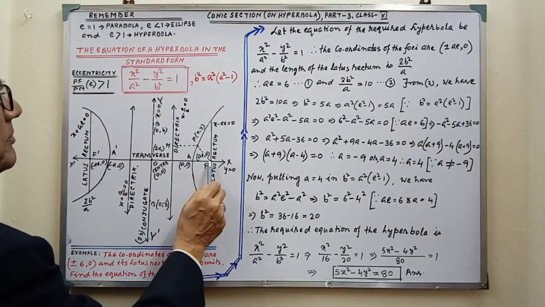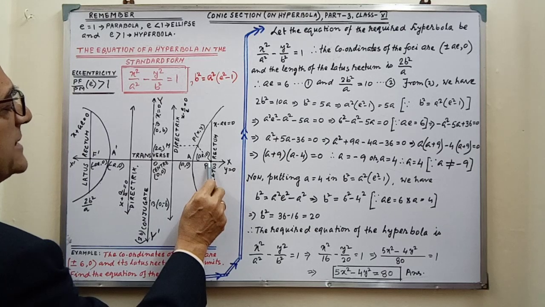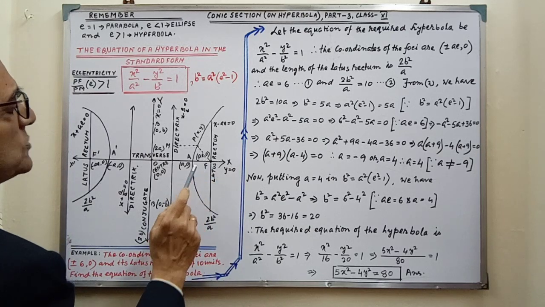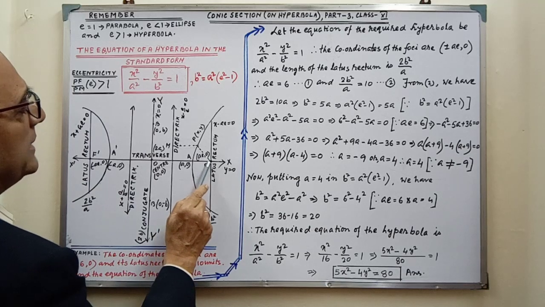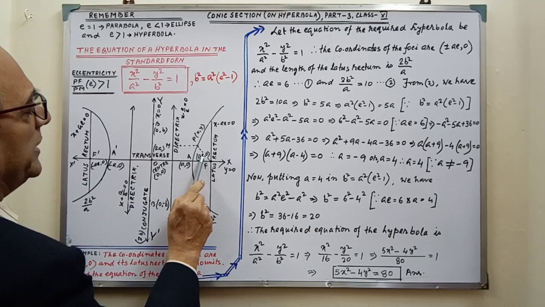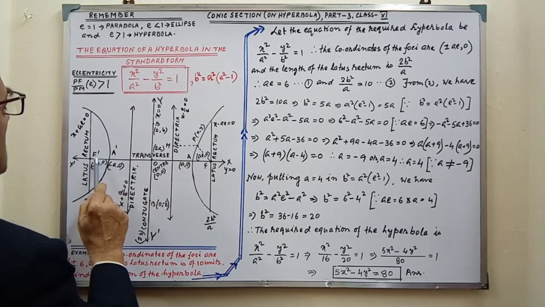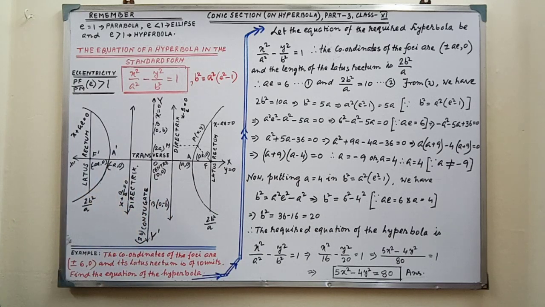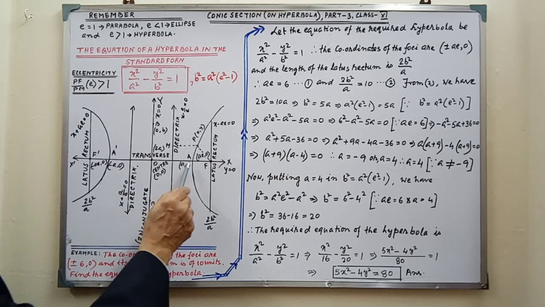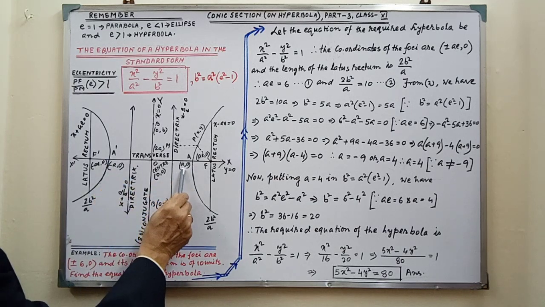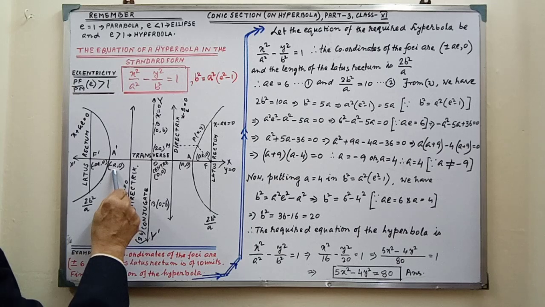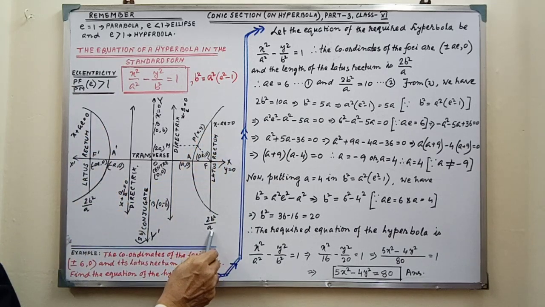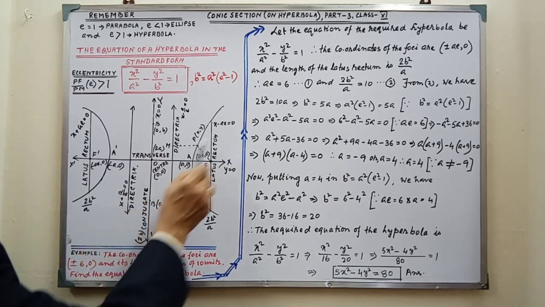And the coordinates of the foci are (ae, 0) and (minus ae, 0); there are two foci in case of ellipse and hyperbola. And these are the vertices, with coordinates (a, 0) and (minus a, 0). And this is the latus rectum, and this is another latus rectum. The length in both cases is the same.